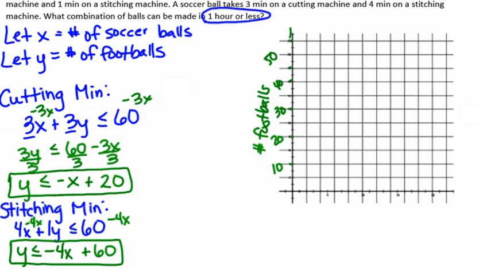Let's add another tick on here to be 60. And then for our soccer balls, same thing. So 10, 20, 30, 40, 50, 60.